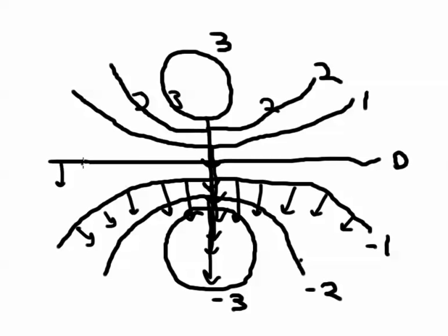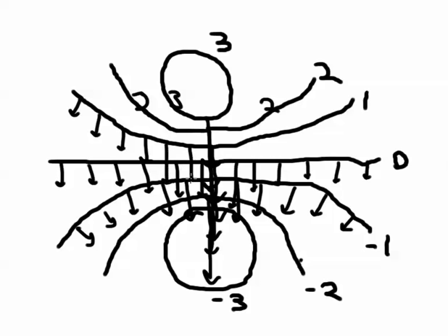These are going to be some really short lines, and they're going to get longer as they come in here. And so on. So I can just draw my arrow map.